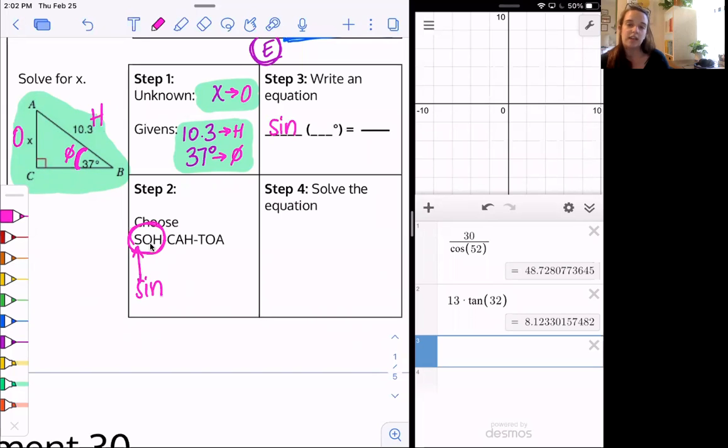All right, Chewy told us that our theta was how many degrees? How many degrees do we have? Yes, for sure, 37.